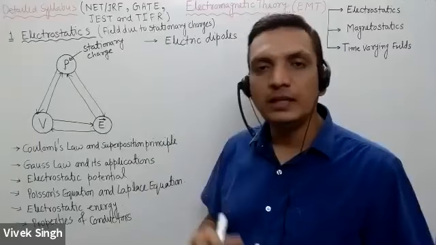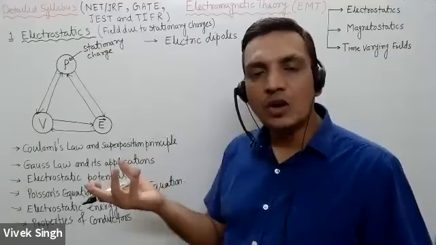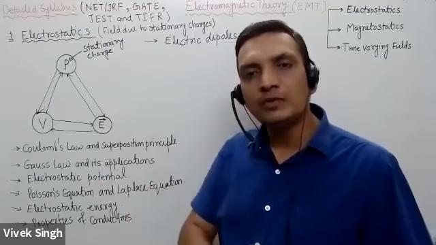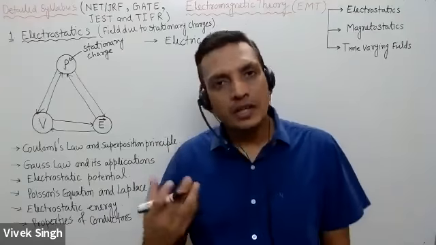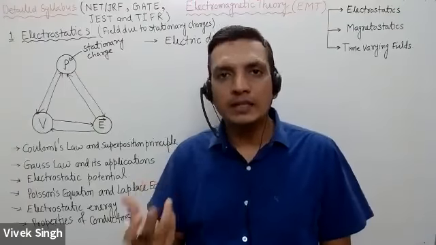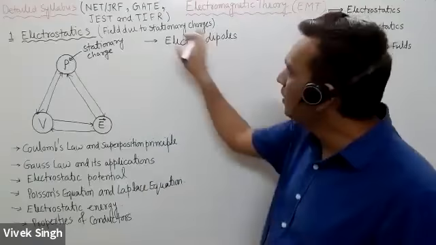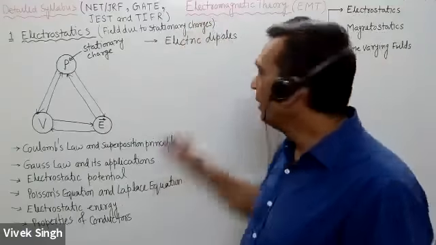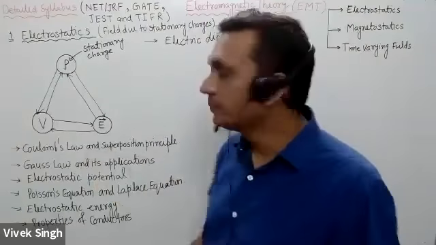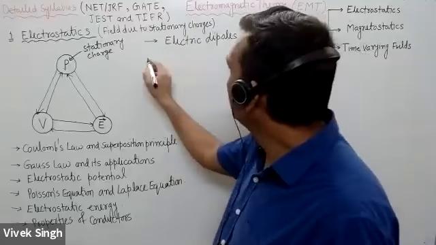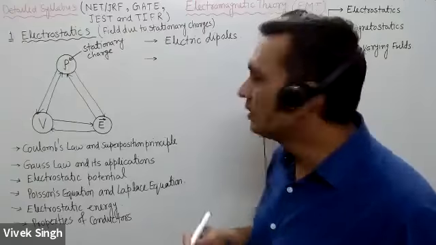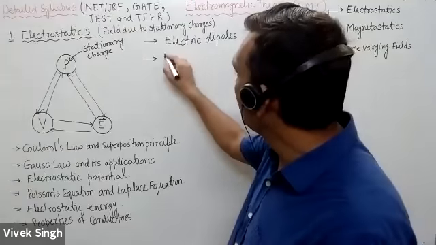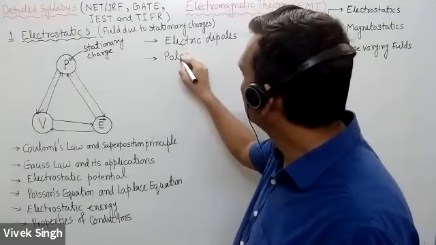And then we will see what happens when a dipole is placed in an external field. It will experience torque and force, whether the field is uniform or non-uniform. We will also talk about the potential energy of the dipole and the interaction energy of the dipole. So there are different subtopics in each topic. The next one is, after electric dipoles, we will talk about polarization.